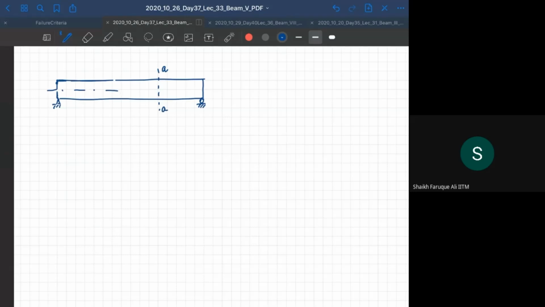You have to draw the neutral axis. And outside, I will draw something like this. What is this? This is the cross section of the beam. So this is cross section. So this is my length, L, and this is my B, and this is my D.